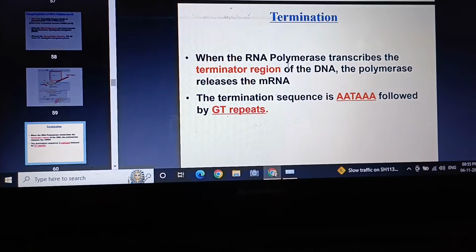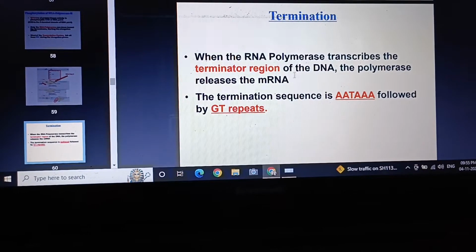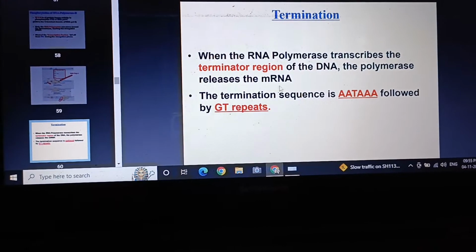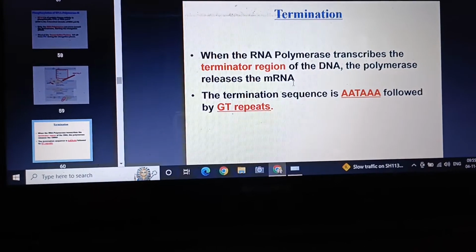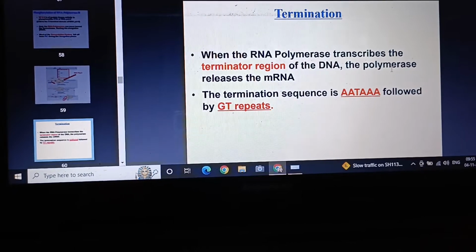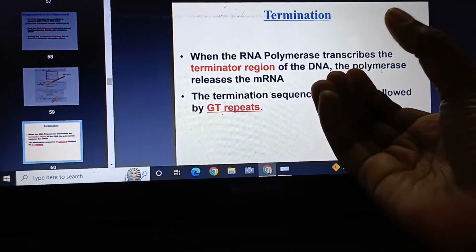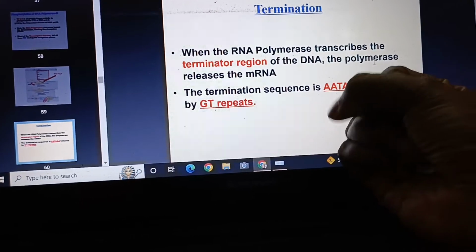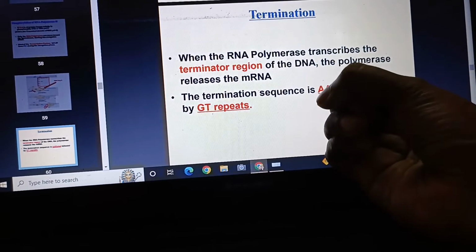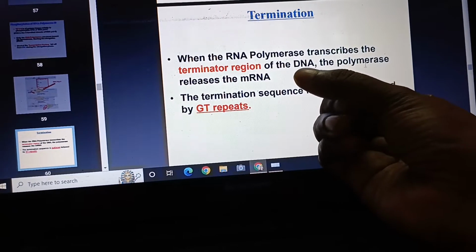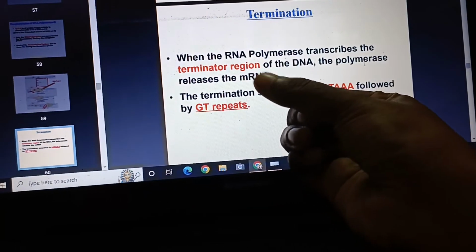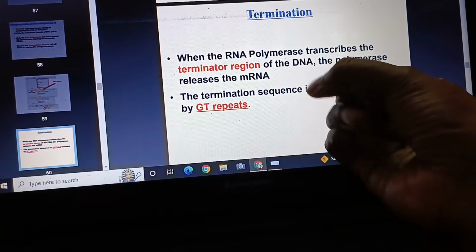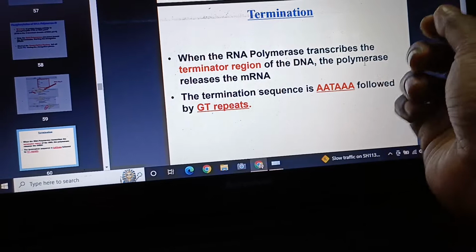Once it transcribes it, the polymerase releases the mRNA. The polymerase is like a hand-like structure. It holds your newly synthesized mRNA. Once the terminator region is transcribed, the polymerase will automatically release your mRNA.